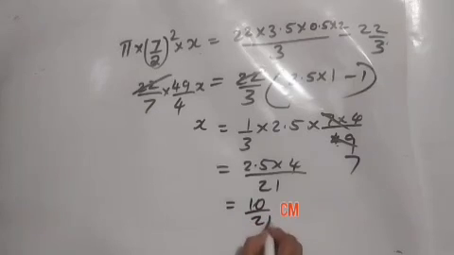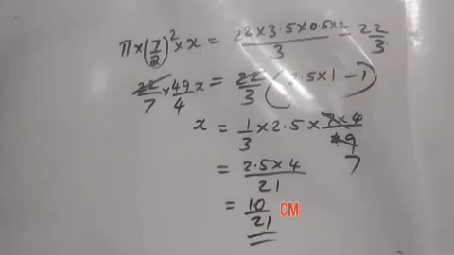So 10 by 21 is the drop in the water level. Understood? Just equate the volume of the cylindrical shape with height x to the difference in the volumes of the two cones, so that we can find the drop in the water level in that particular cylinder. Understood?